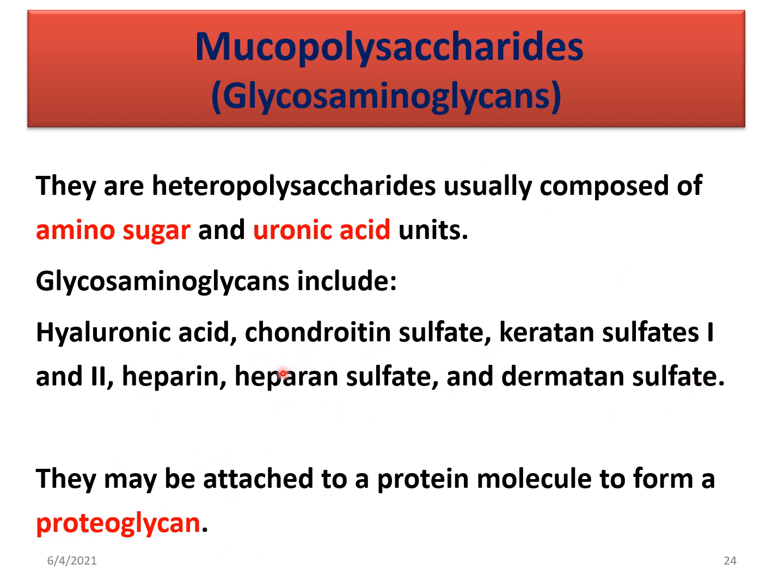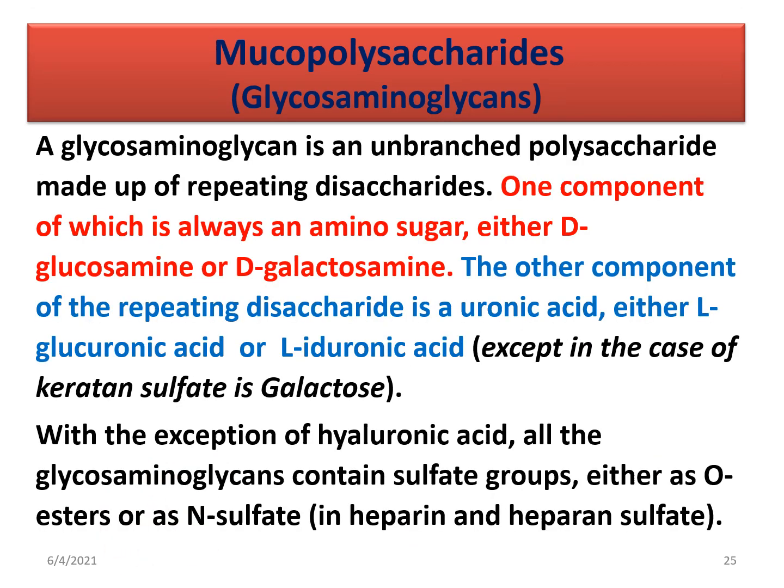These glycosaminoglycans may be attached to a protein core, forming proteoglycans. A glycosaminoglycan is an unbranched polysaccharide made of repeating disaccharide units.